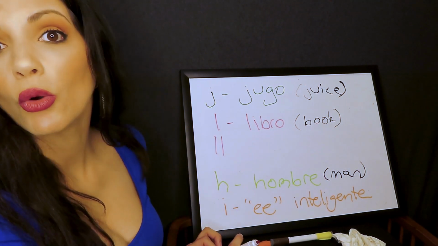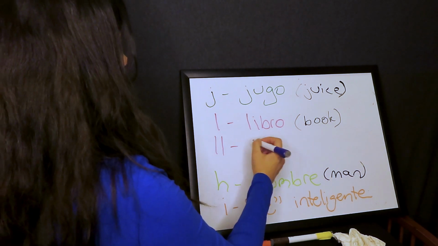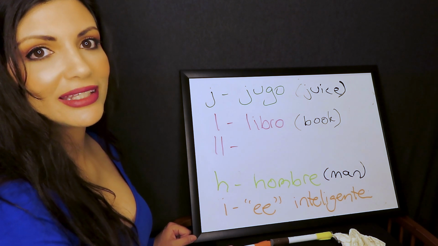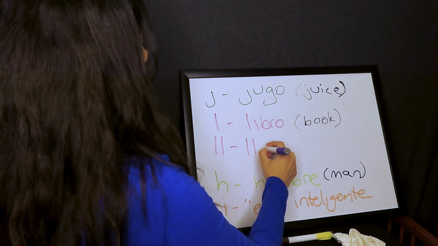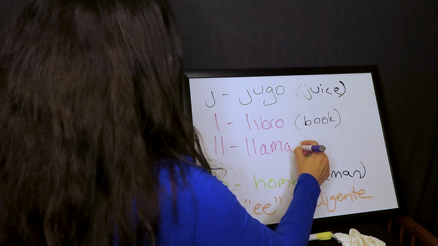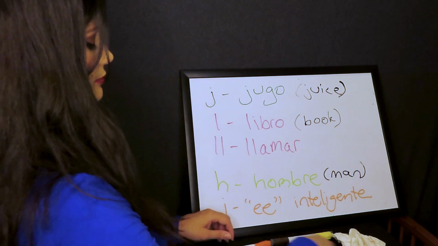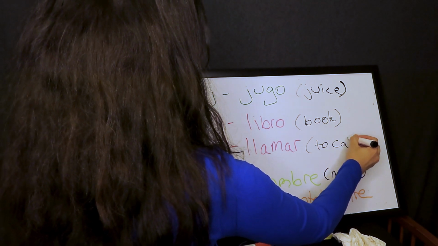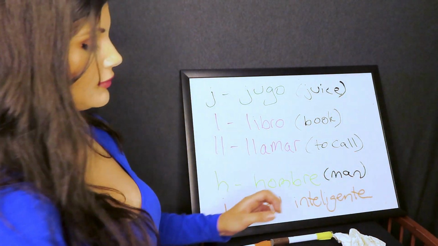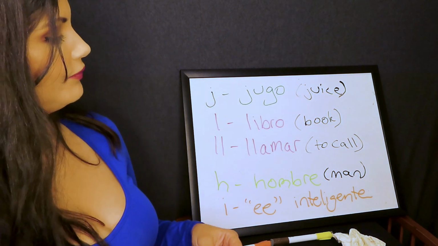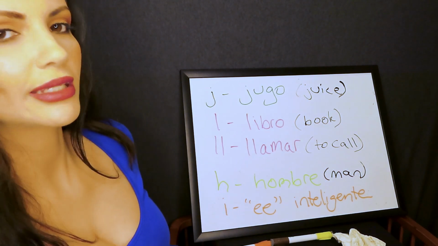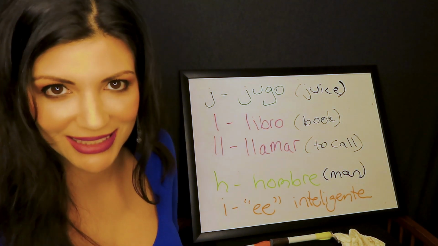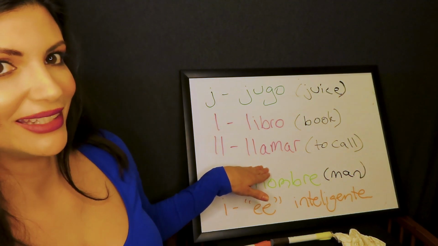It becomes more of a Y sound, such as in the word llamar, which is to call. And how you would ask someone their name, you would say, ¿Cómo te llamas? Llamas.